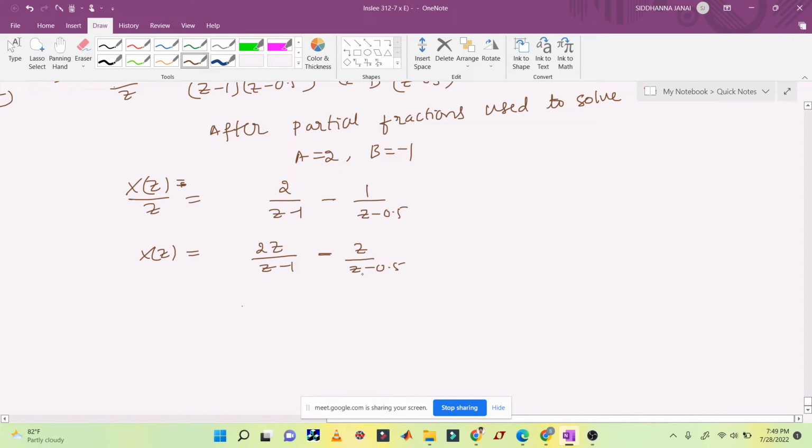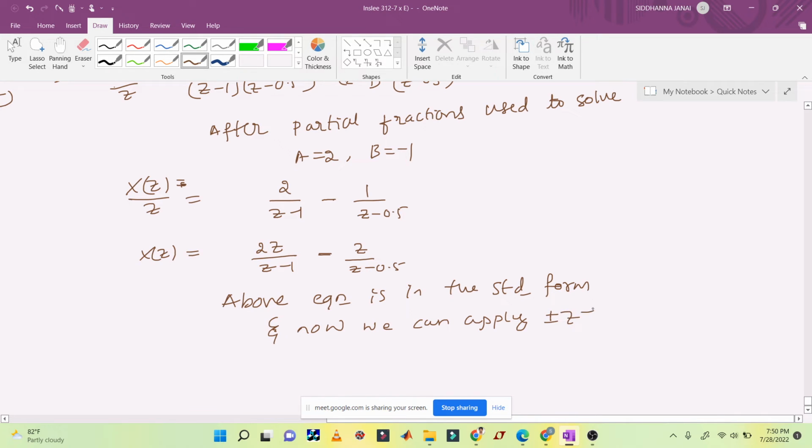The above equation is in the standard form, and now we can apply inverse Z transform based on ROC given. Remember this, based on ROC given.